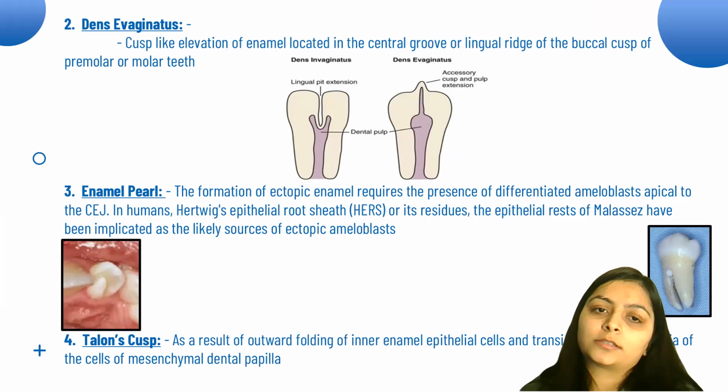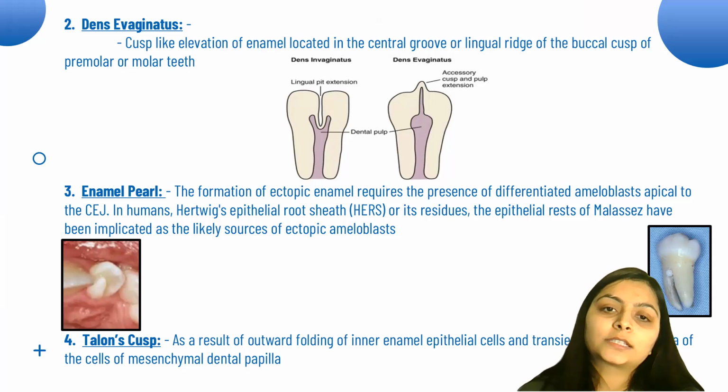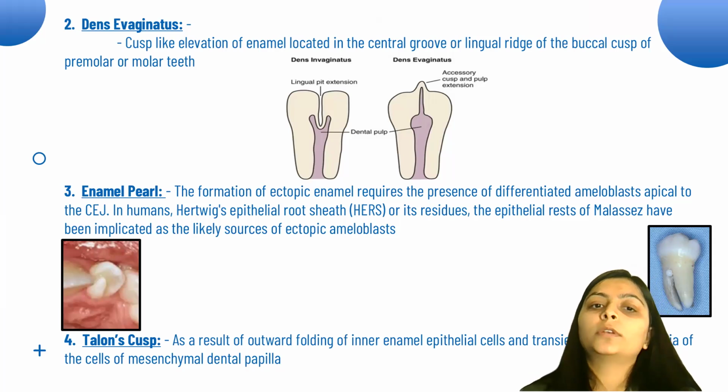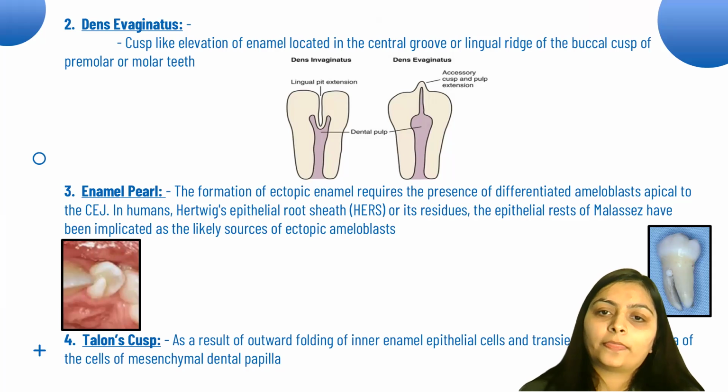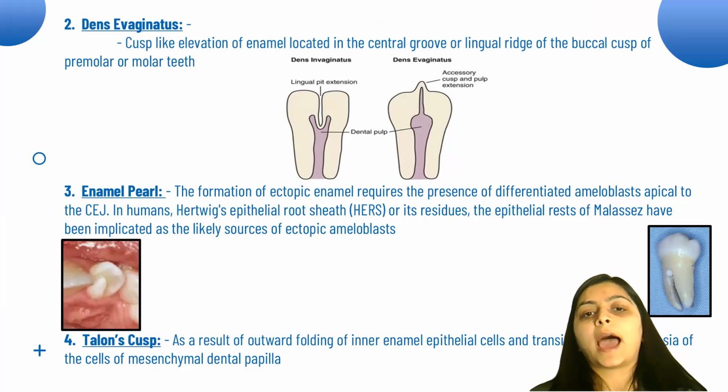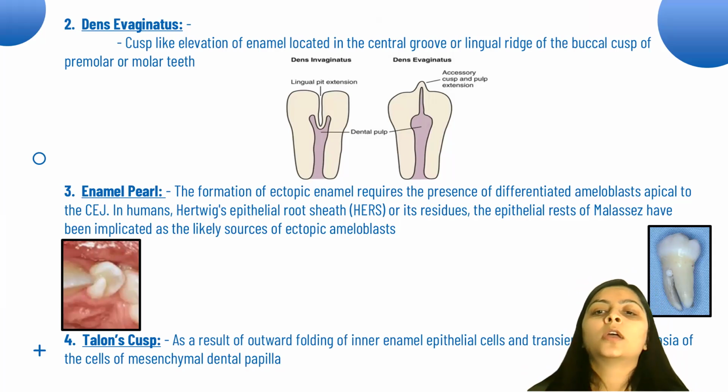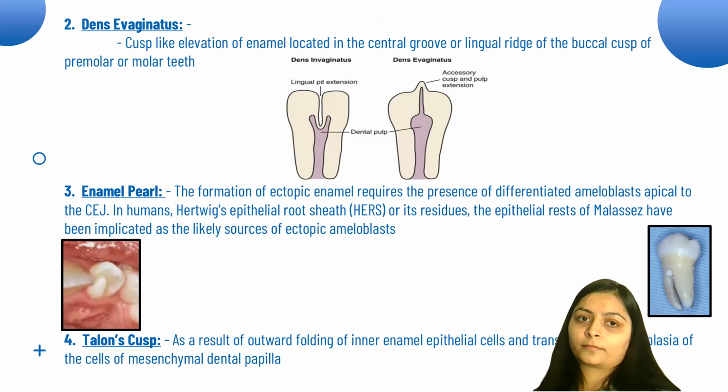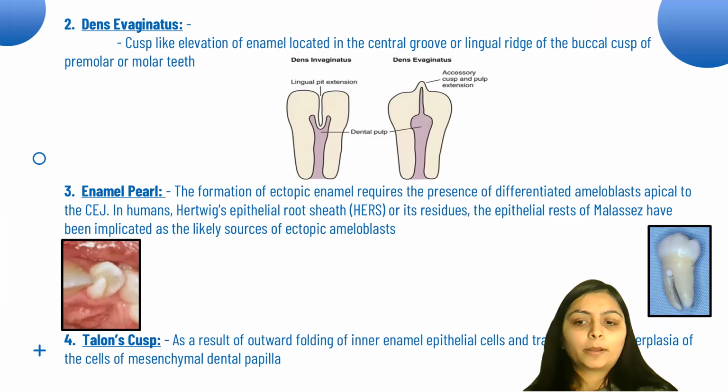In dens invaginatus, the dental papilla will enfold inside the crown and lead to lingual pit extension. And in case of dens evaginatus, there will be outside extension resulting in an accessory cusp and pulpal extension.